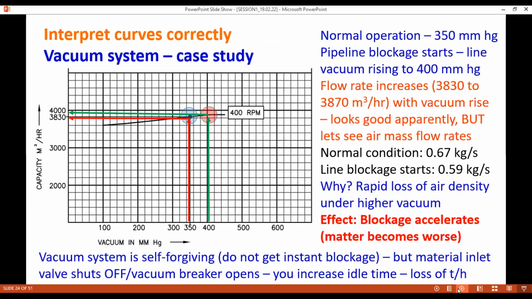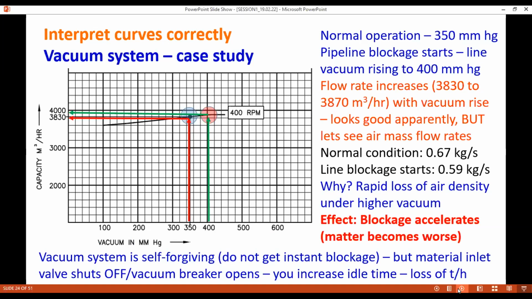Vacuum systems can be very tricky. I do not have a very large time to do this case study, but this is something we do when we have a face-to-face workshop running at Thapar. So sometimes what happens is, in a vacuum system, when the vacuum in the system starts to go up, say for example, you are getting certain blockages in the vacuum system, the air density goes down tremendously.